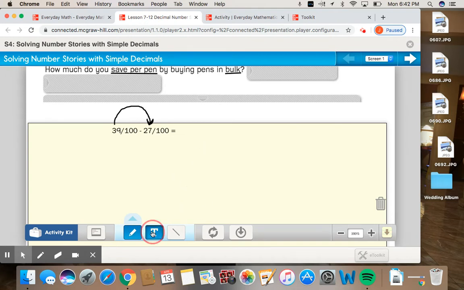Or I can keep them as decimals. So if I keep it as decimals, let's see, I want my dollar sign, which is my unit, and I have 39 cents minus 27 cents.